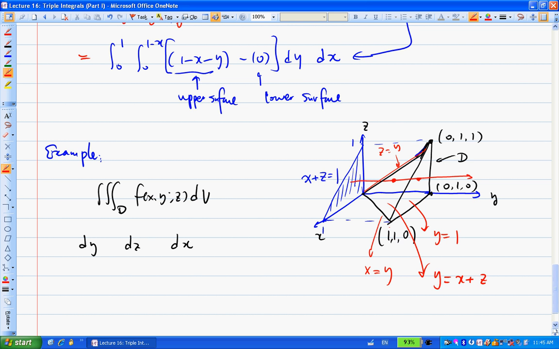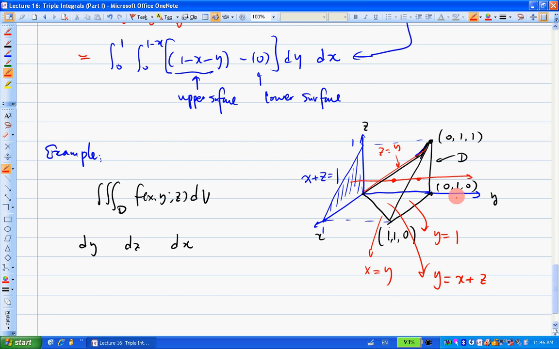Let's see if this is right. What happens when you let z equal to 0? And what happens when you let x equal to 0? When you let z equal to 0, that's the intersection of the plane with the xy plane. When you let x equal to 0, that's the intersection of the plane with the zy plane.